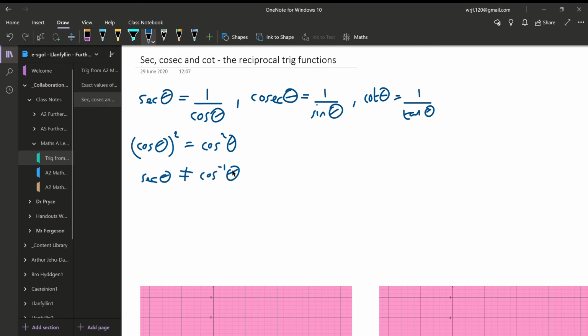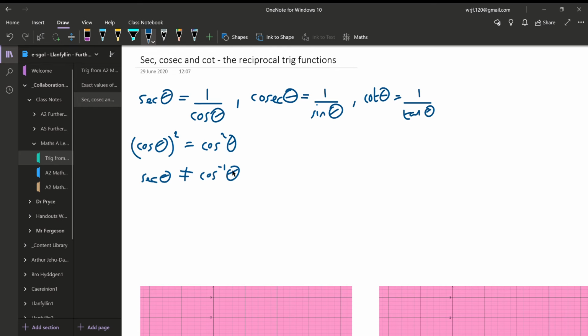And in fact, as you go further into your maths, you'll see people less frequently using cos to the minus 1 of something, and more commonly using an alternative notation, which is arc cos. I don't know whether you've come across that one yet though. But please notice, the cos to the minus 1, sine to the minus 1, tan to the minus 1 that comes up on your calculator is not the same as sec or cosec or cot.